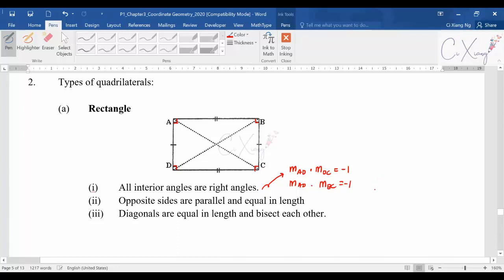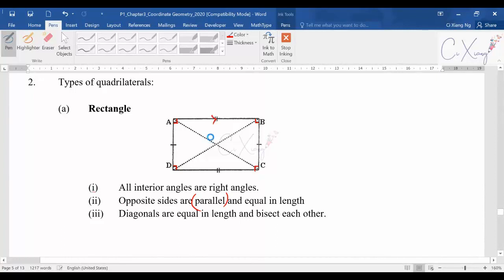Okay, so when you're having a rectangle, that means some useful information is you can maybe use this to help you to answer the question. All right. Okay, so this is the first thing that you need to know. When you are having all the right angles, you link it with the gradient multiplied with gradient equals to -1. Okay, then what else? What is the second property? So the second property here is opposite sides are parallel.